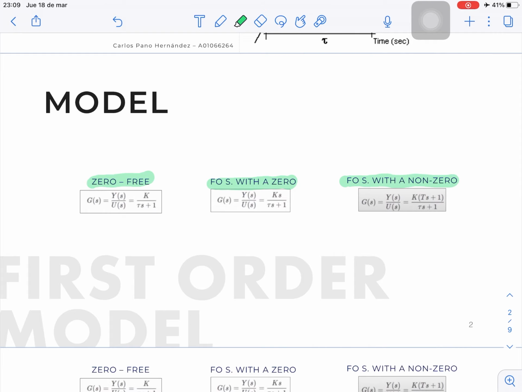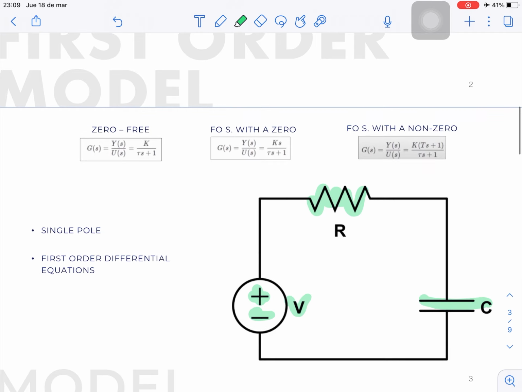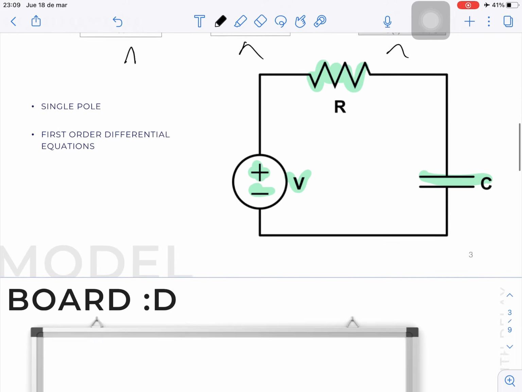They are used for many cases, mainly for single pole mathematical representations and ordinary first order differential equations. One of the most common cases is the RC circuit, which is the basic system representation of this model, and it's important to know that these three equations only apply with no delay.